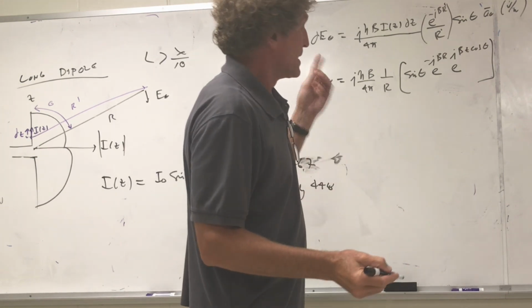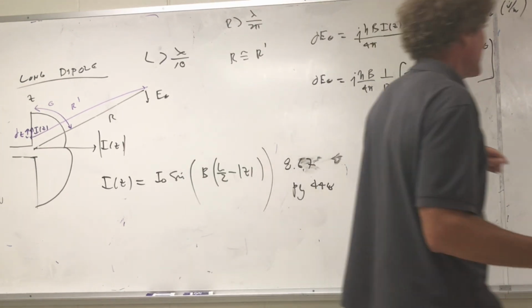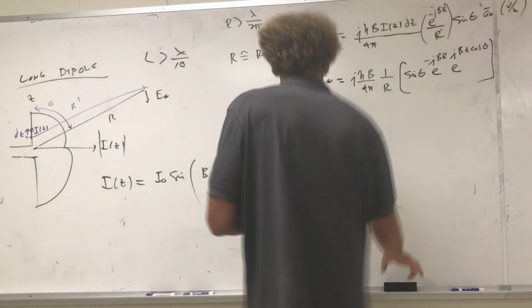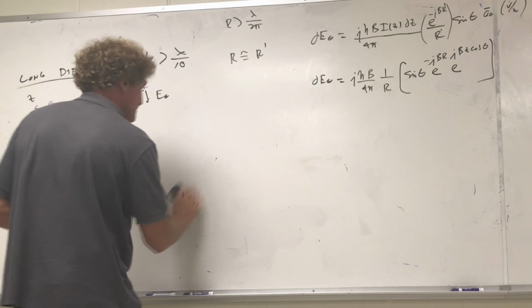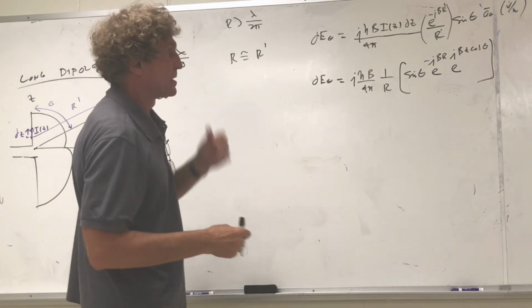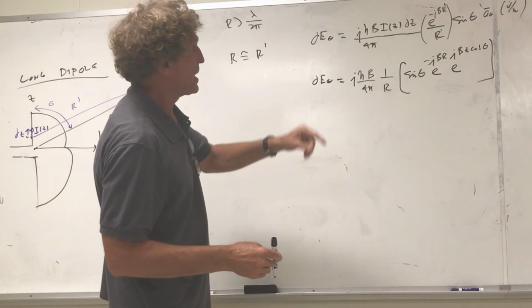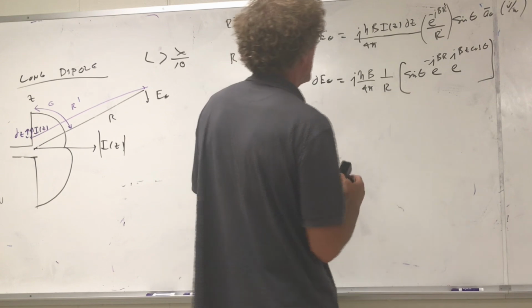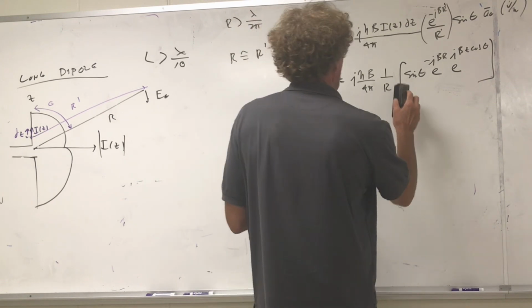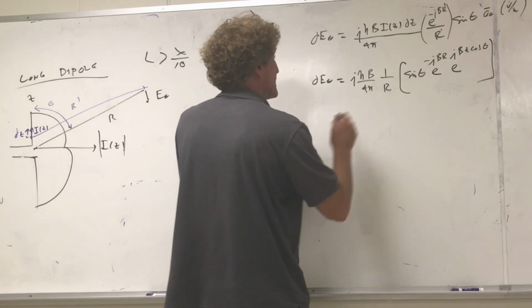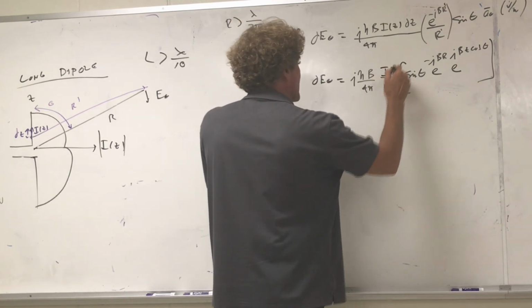All right. What does that mean to get E, the actual E field? Let me try to do it under here. Erase this. You know what? I didn't even put the I of z in here, so I need to put that. There should be an I of z here.